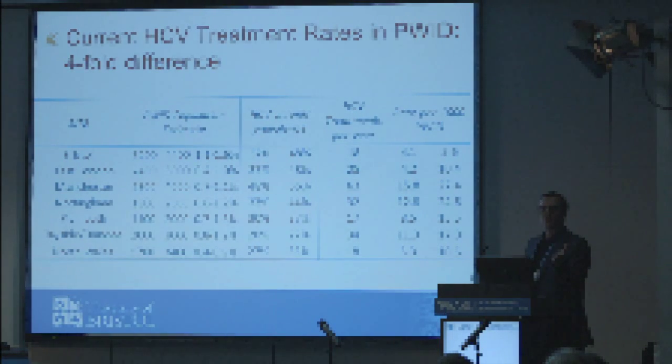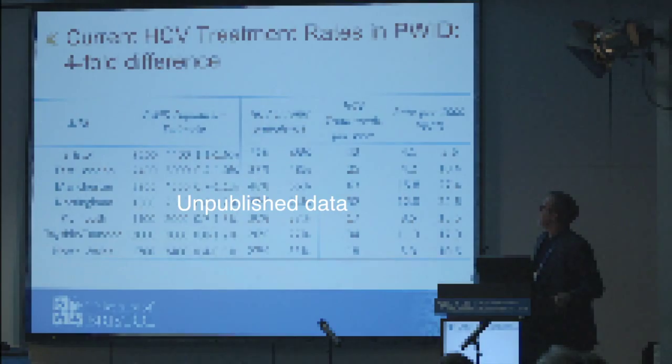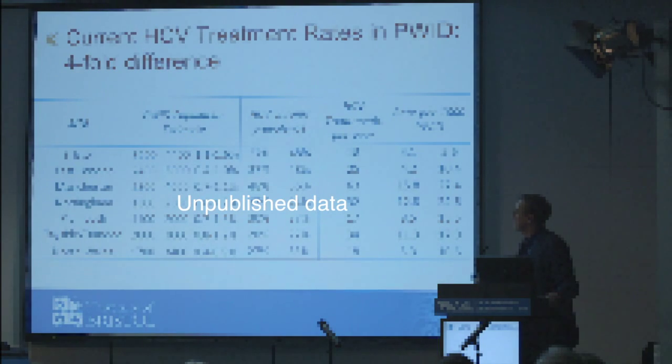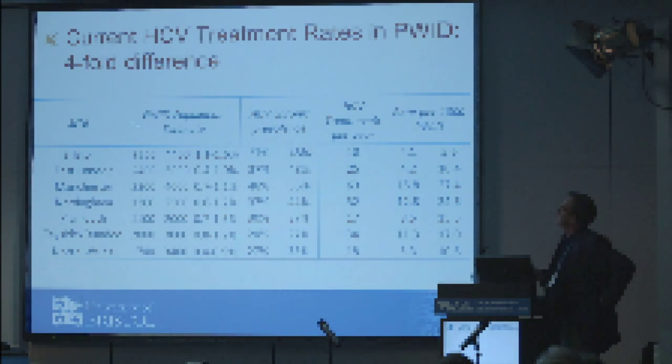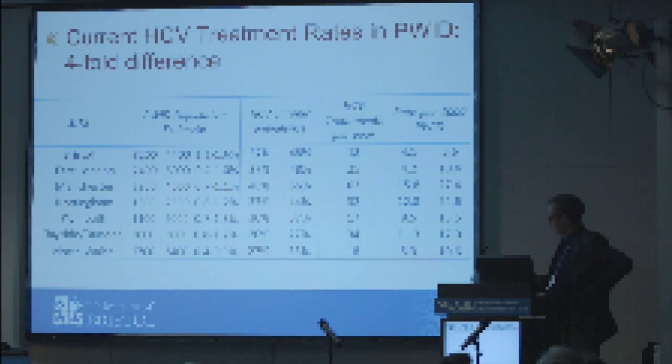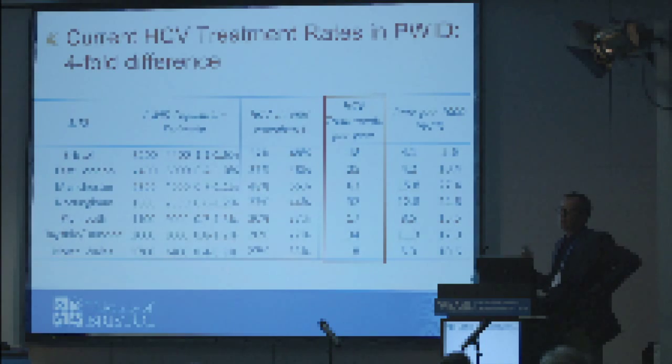So what we wanted to do is ask, how many people are being treated at the moment? There isn't really much routine data about people who inject drugs who are being treated. So we did an exercise with 7 sites in which we collated the prevalence of hepatitis C, prevalence of injecting, and also then calculated what the treatment rates were.